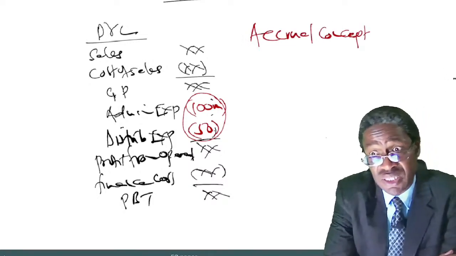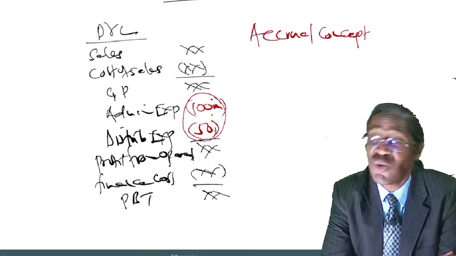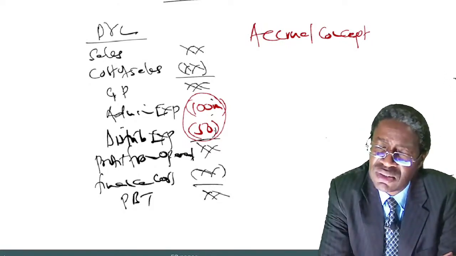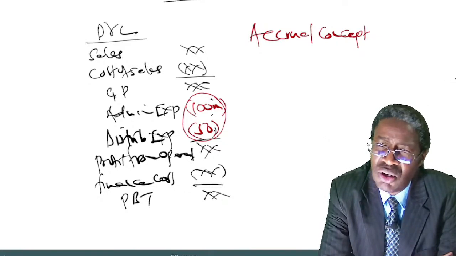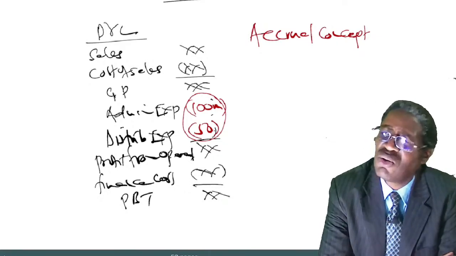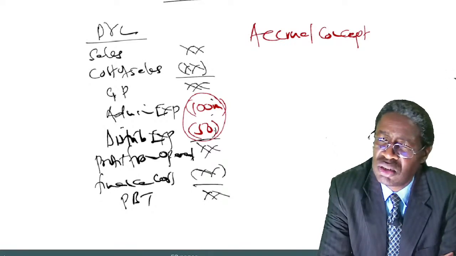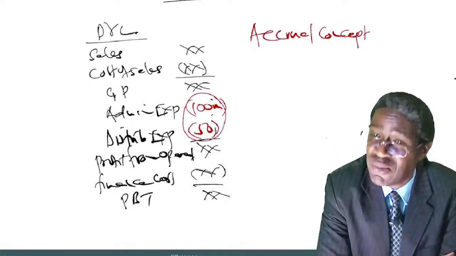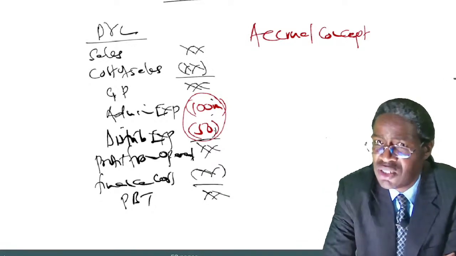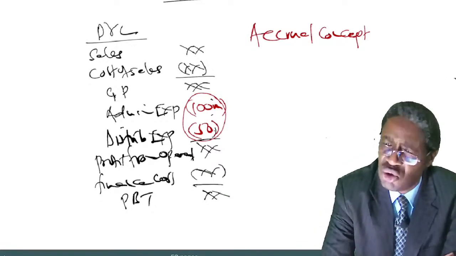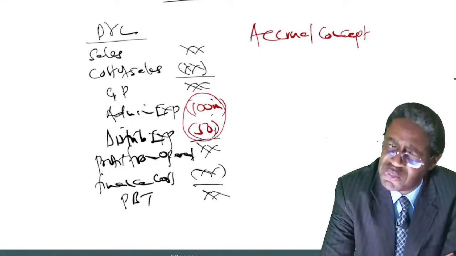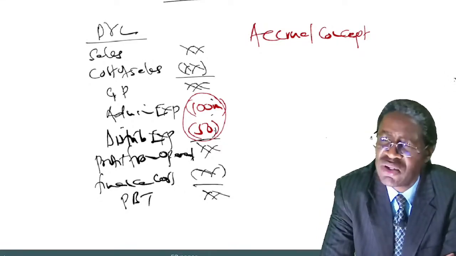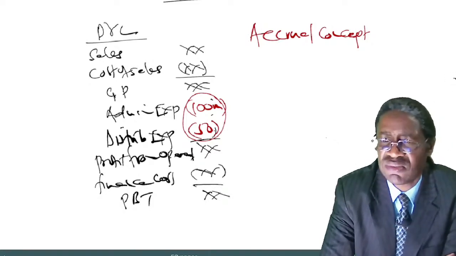The accrual concept states that you recognize costs when they are incurred, but not when money is paid. So out of this 150 in total, there could be some expenses you charged which you never paid for.